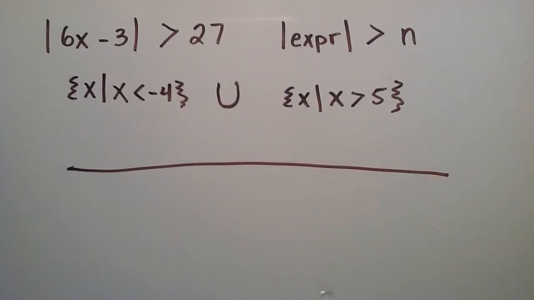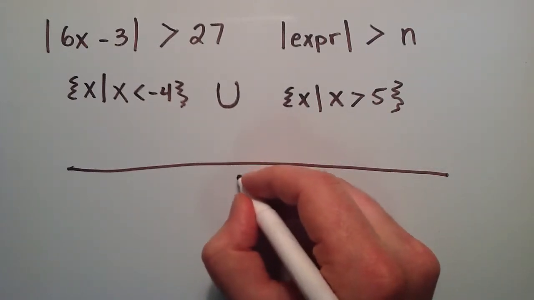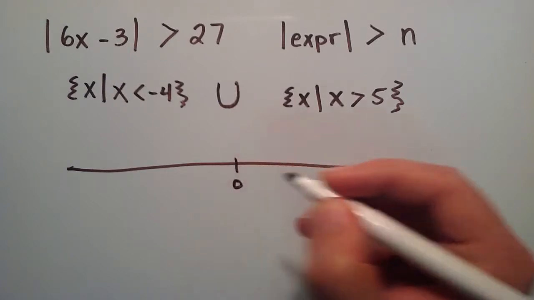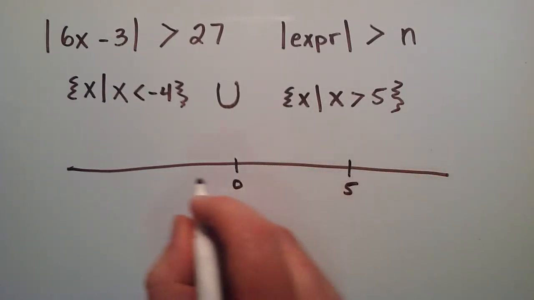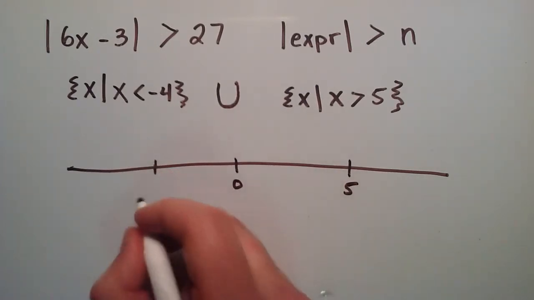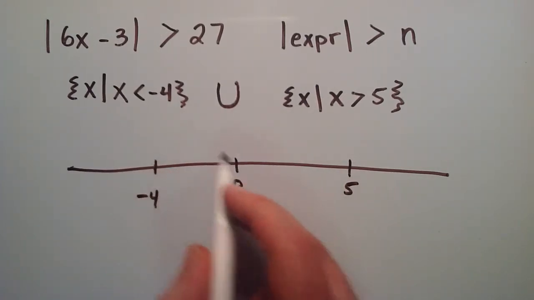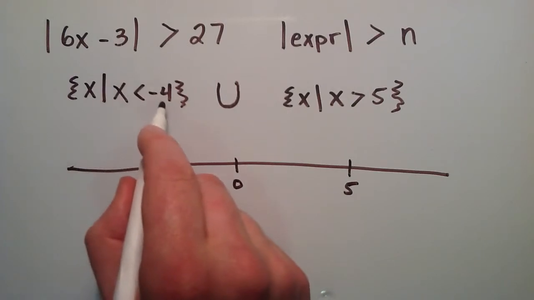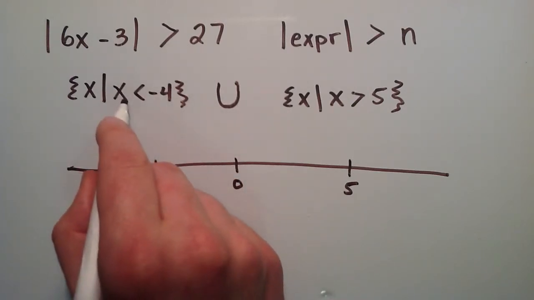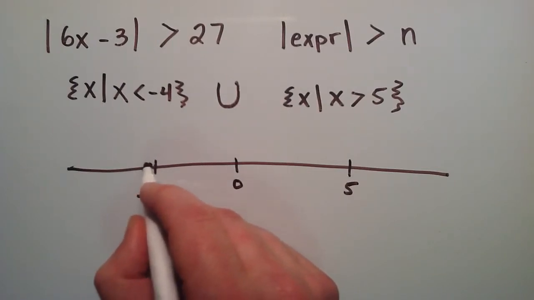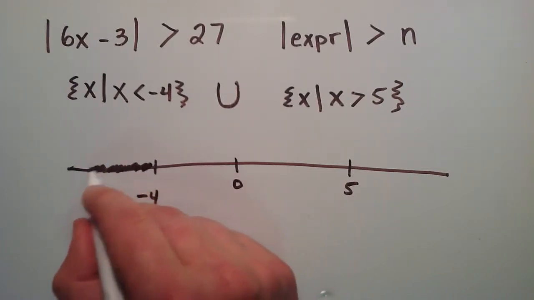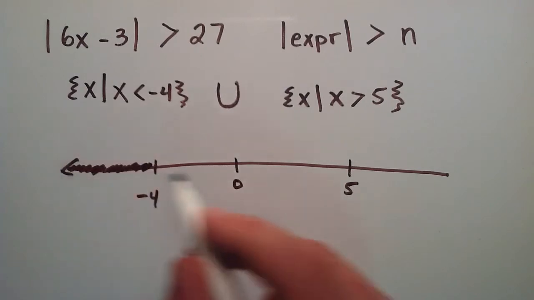So if we have some number line here, and let's just say that we've got 0 in the middle, we're going to go up to the value 5 over here, and negative 4 looks like it's about there to me. And so this little set right here says that x can be anything less than negative 4. So negative 4 is here, so less than negative 4 is all of this stuff over here, and it just keeps on going to negative infinity.